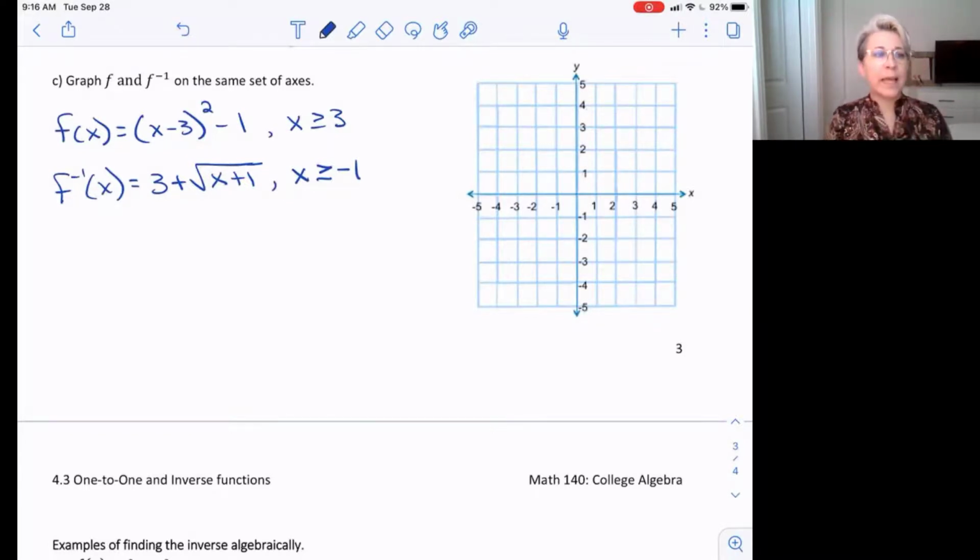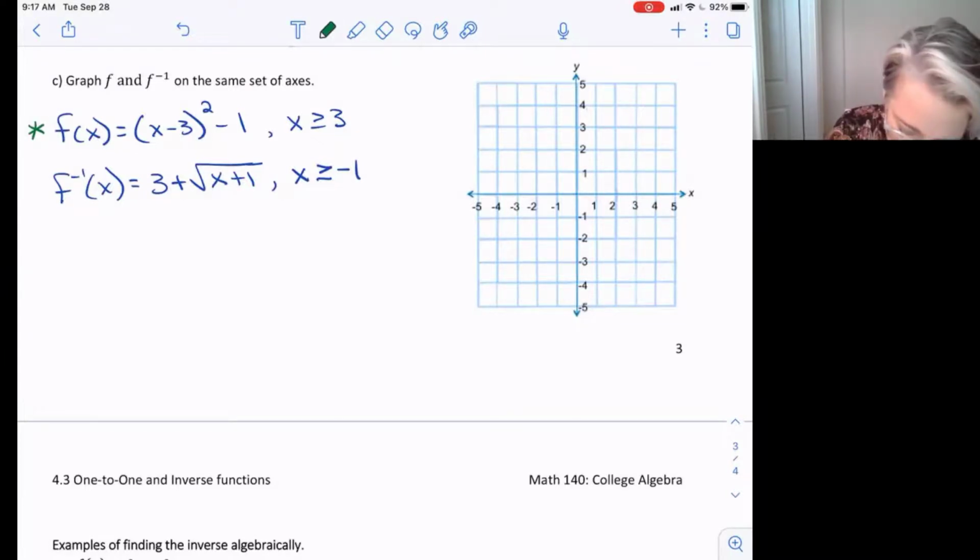So for example, let's go ahead and graph f of x again. But on that restricted domain, remember it's that right side of the parabola. So we had a vertex at 3, -1, and a point at 4, 0, and at 5, 3. Okay, so that's f of x.